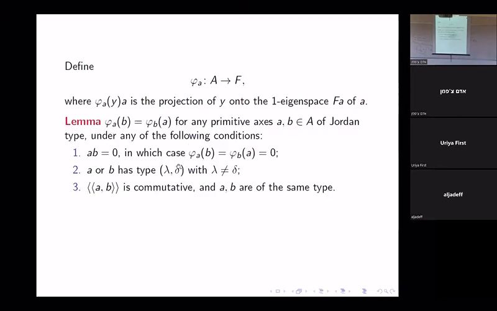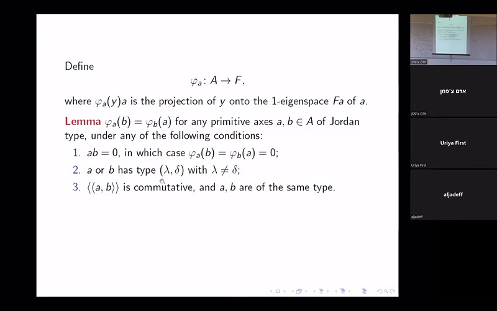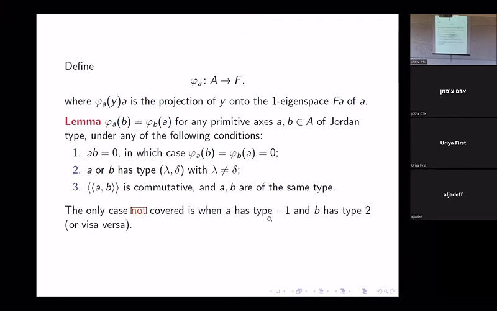So you have three possibilities where they're all the same. We want phi A of B to be phi B of A. But in the -1, 2 type, which I mentioned before, that's false, and that's a pain.